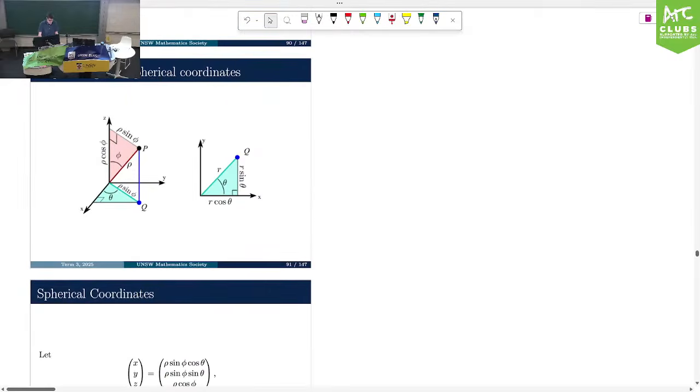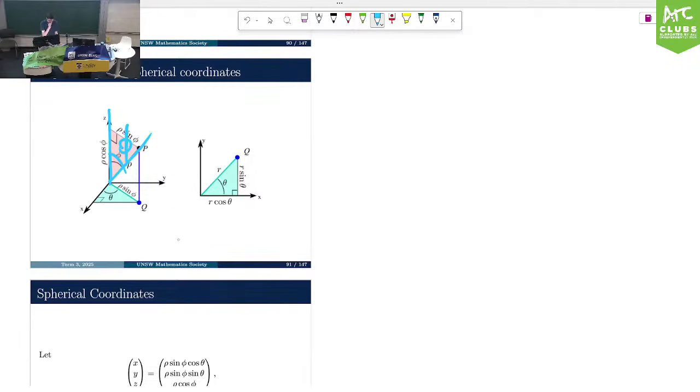But you can think of having a specific r in terms of your rho sine phi in your x and y plane. So rho is the radius, and this phi here is the angle from the z-axis to your point, the line from your point to your origin.